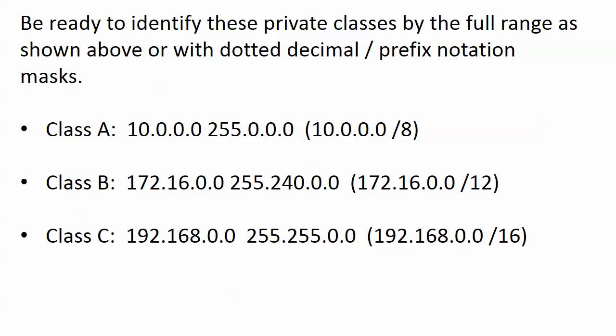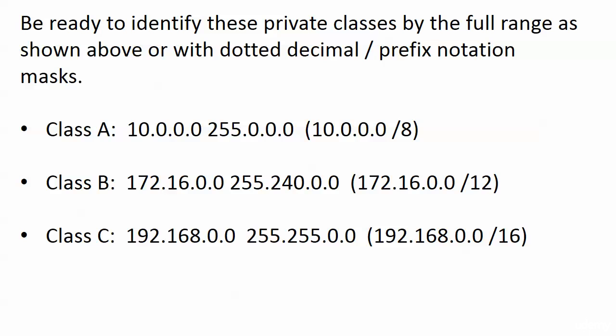It's not always going to be 8, 16, 24. Your reserved address range is going to be expressed in dotted decimal 172.16.0.0, 255.240.0.0, with prefix notation 172.16.0.0/12. Class C, 192.168.0.0, dotted decimal mask 255 for the first two octets, 0 for the last two, or a /16 in prefix notation.